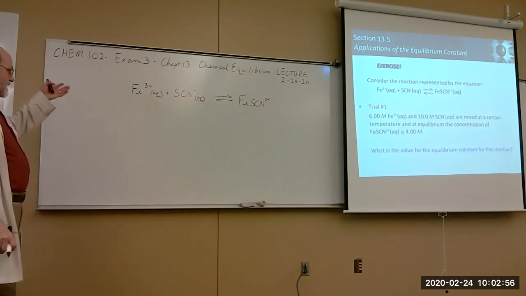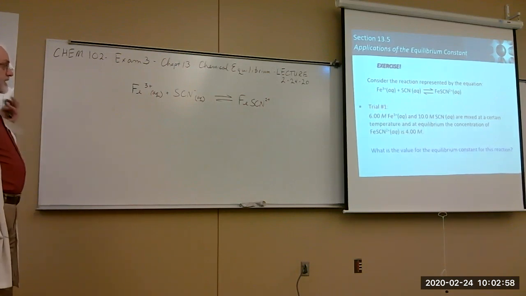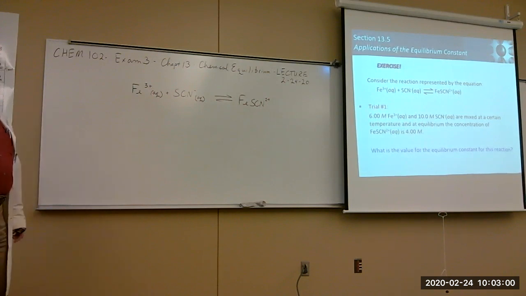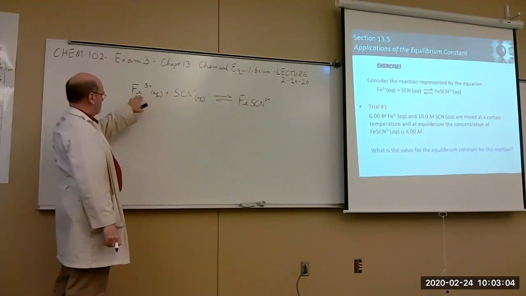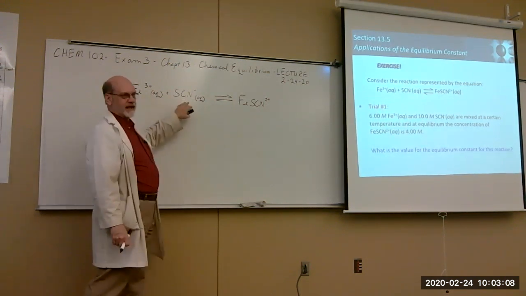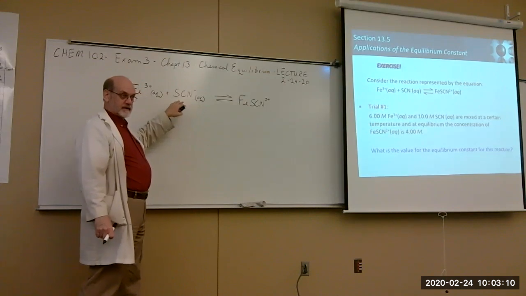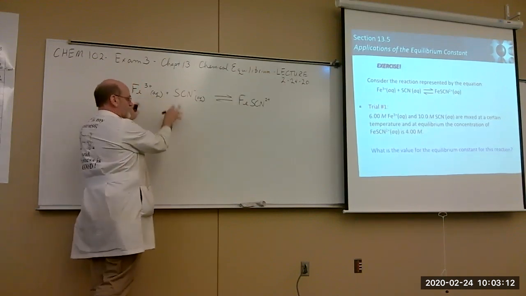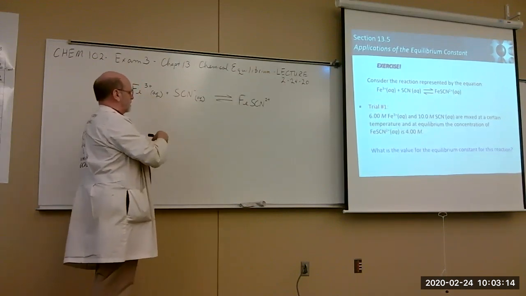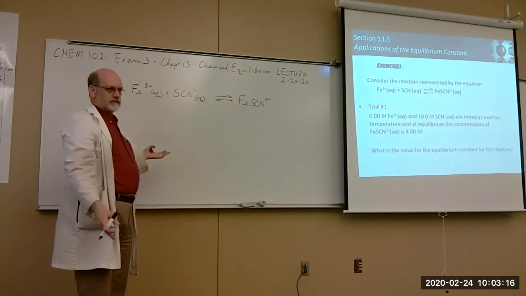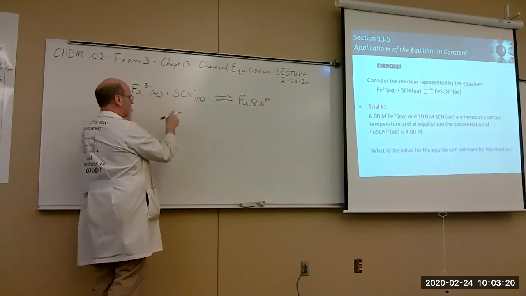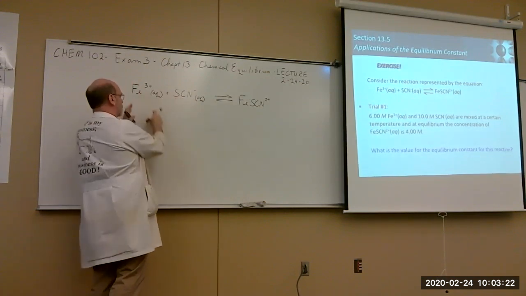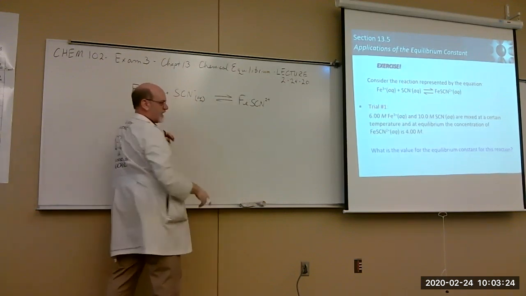Now, just a comment about the reaction. This looks to me like it's a net ionic reaction. We don't have any counter anion for this one or a counter cation for that one. And if they're just in there by themselves, then that sort of defeats the purpose, because you want to start the reaction with them separate. So in order to have them separate, you need an anion for this one and a cation for that one.